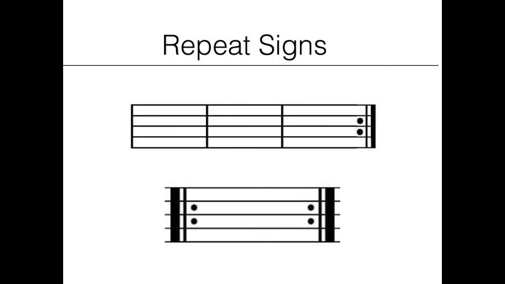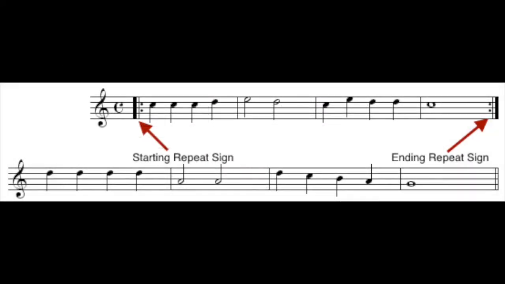Repeat signs. Here we have two examples of repeat signs. When encountering repeat signs, you will generally have a start repeat sign and an end repeat sign. You will typically follow the music until you reach the end repeat sign, and then you will go back to the start repeat sign to play that section again.